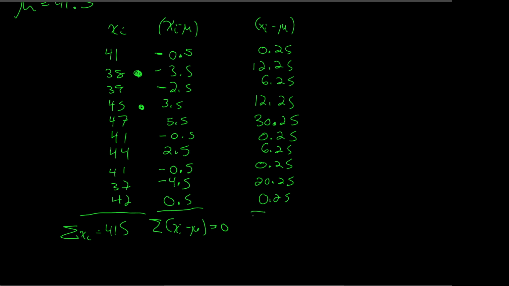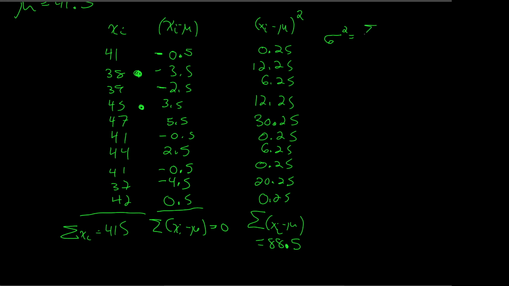And so now if I sum, whoops, I should have a square symbol here. If I sum all of the things I just squared up, I get 88.5. And so everything is spread about 88.5. Well, to turn that into a variance, I'll say that the variance is equal to the sum.